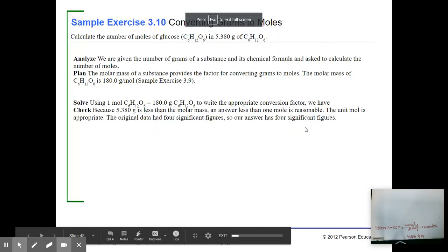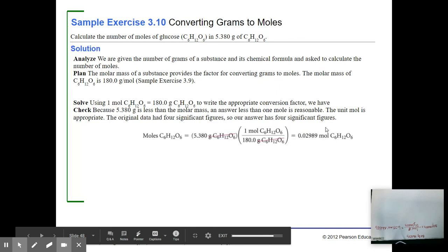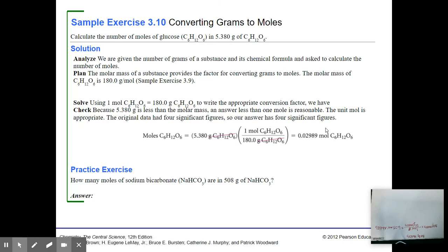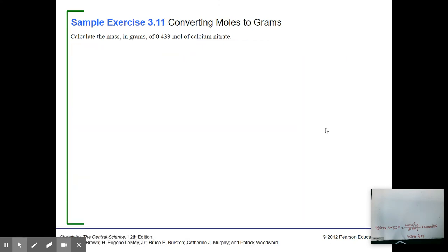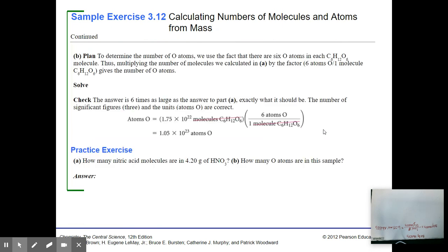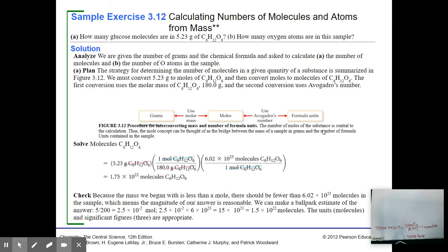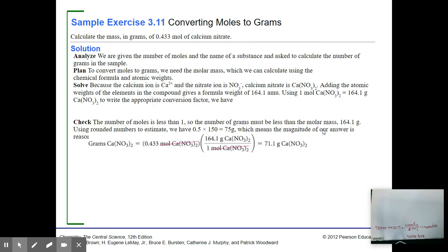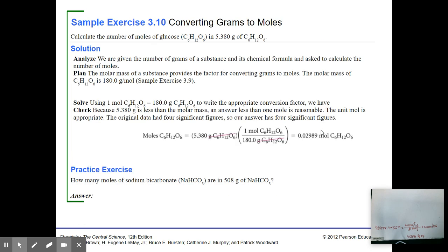You never know with the short time periods when we're going to get to work on stuff. We still have to do moles to grams. We still have to do number of molecules and atoms from mass. So I'm actually going to pause there.